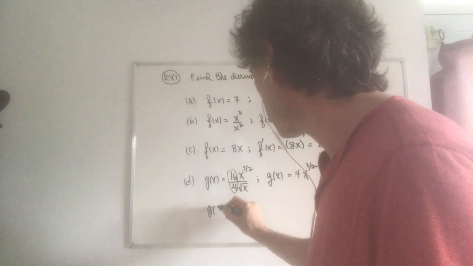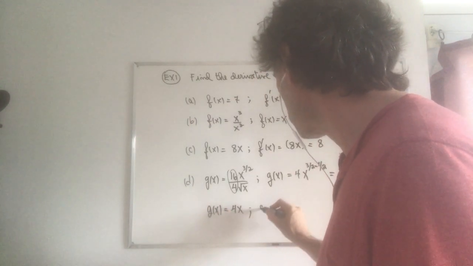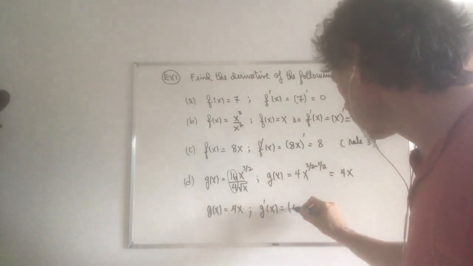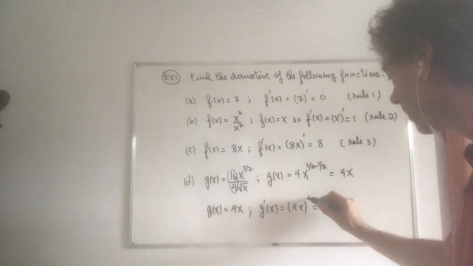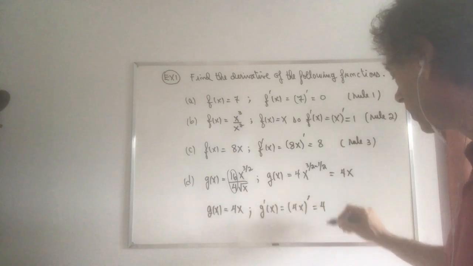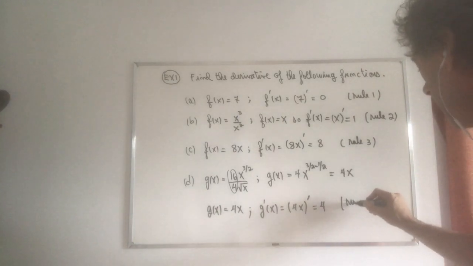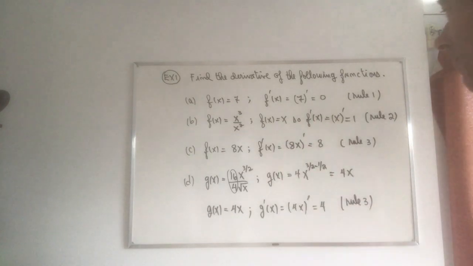So I can actually say that g of x is now simplified to be 4x. What is g prime? g prime is the derivative of 4x. You recognize once again rule number 3, a constant times x, and that's equal to just a constant. The x is gone. And why is that? That is because of rule number 3.